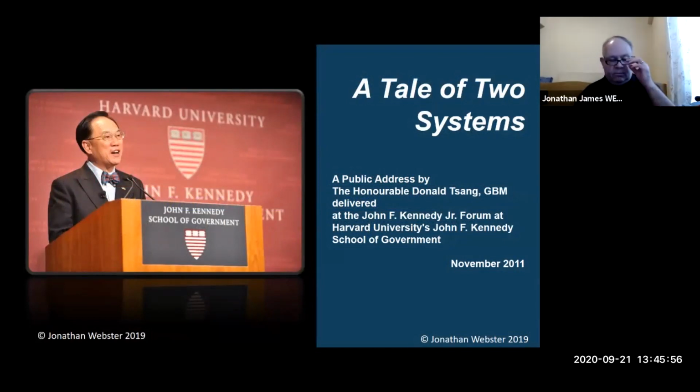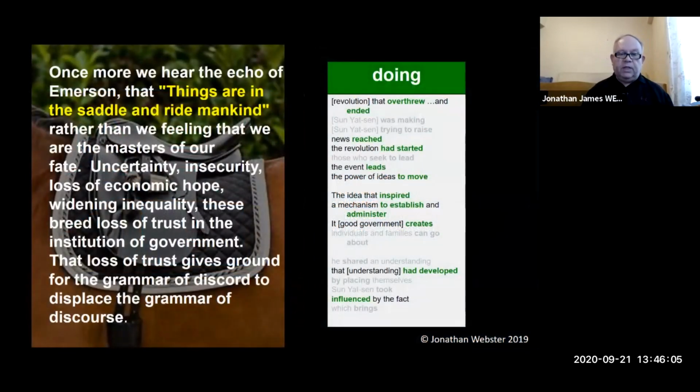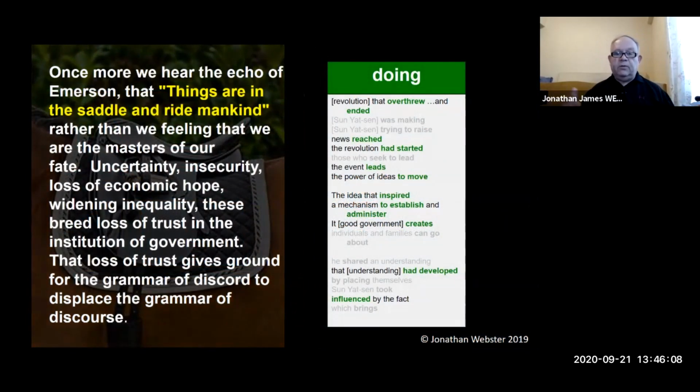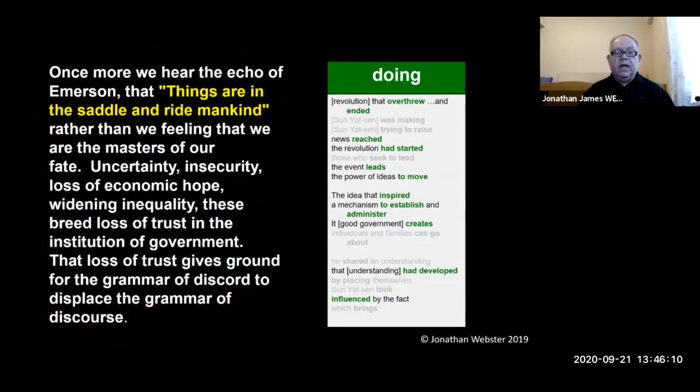Now, I earlier illustrated to you something from Donald Jung's speech, A Tale of Two Systems. If you remember, I was talking about processes, and I was making the point that in his speech, when he talks about doing, very often it's not people doing, but events, abstract ideas, things, not people, that are doing.